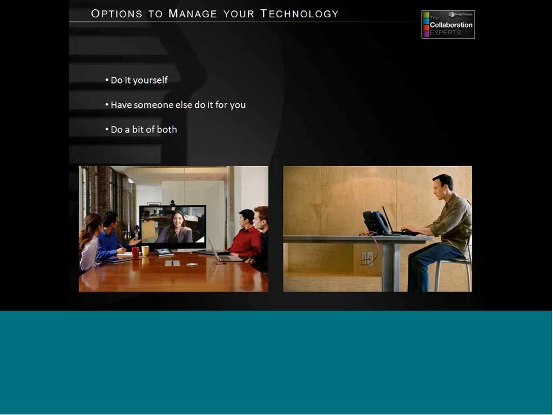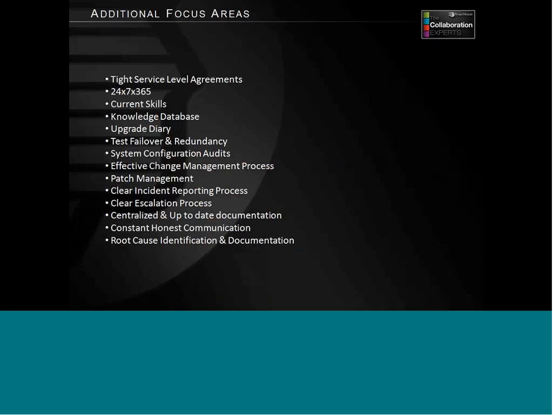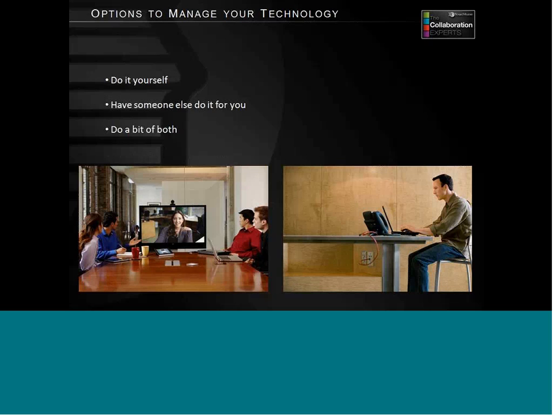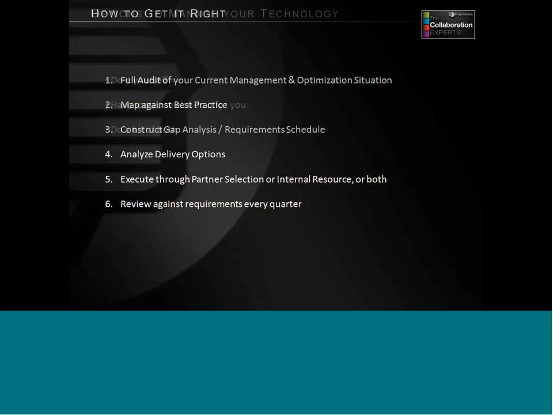Some of the things that are underneath these core components and the best practices behind them, map them out and work out exactly where you are today against them. Construct a gap analysis which will lead to a requirement schedule, where you say this is where we are today, this is the best practice, where are the gaps that exist, and then look at the delivery options.